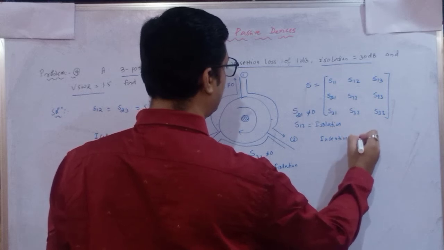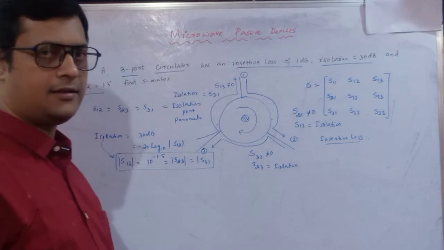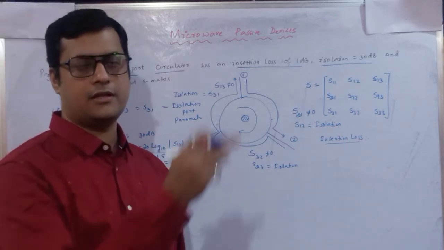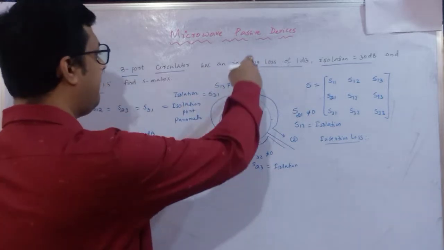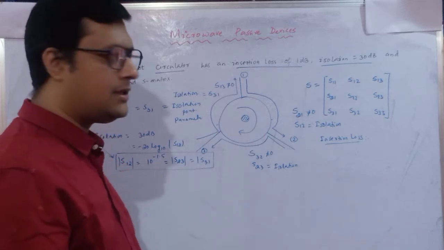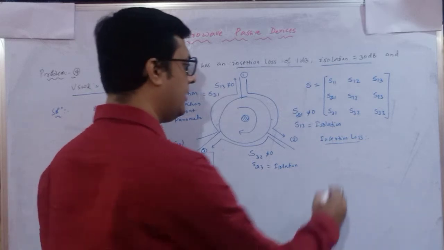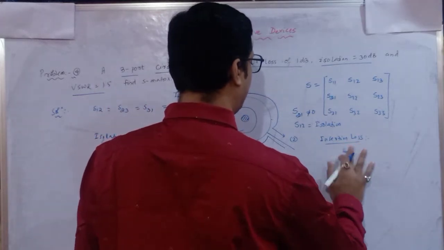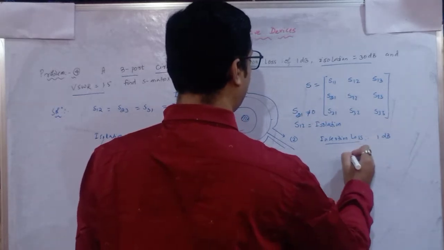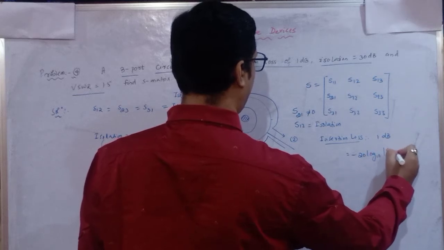Similarly, here insertion loss is given. Now what is this insertion loss? The insertion loss is identified at the particular port where the power is available with respect to the input port. Suppose I am feeding the power at port 1, the output is available at port 2. So the insertion loss will be S21. Okay. So the insertion loss is 1 dB, which is equal to minus 20 log base 10 of S21.